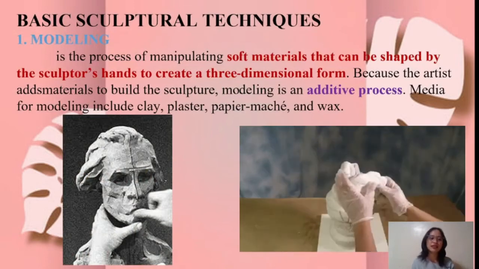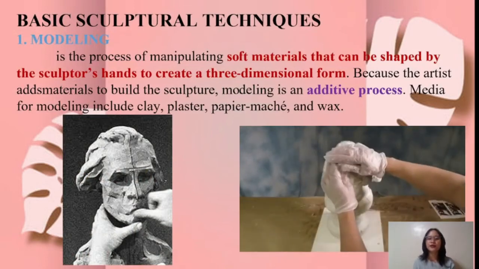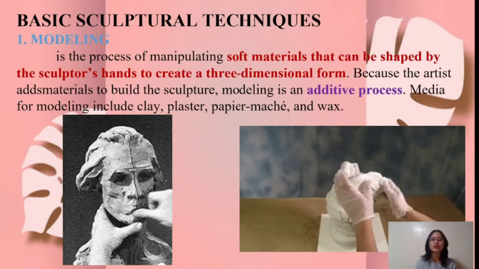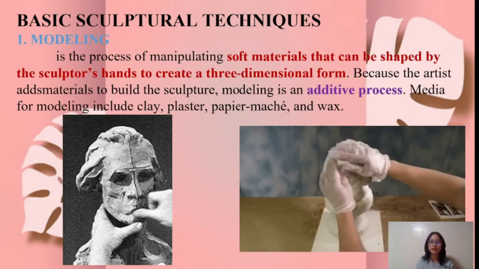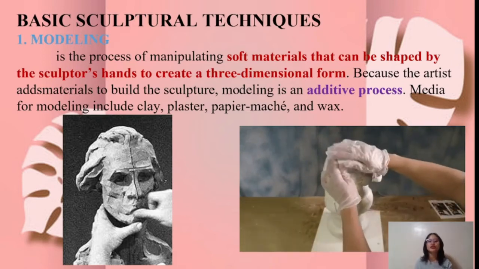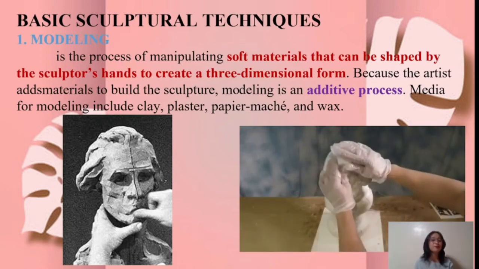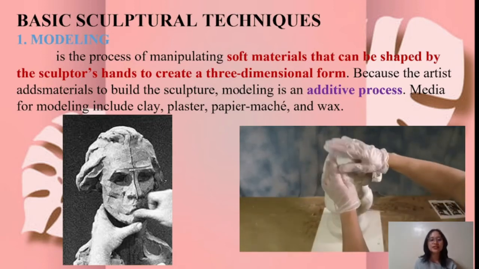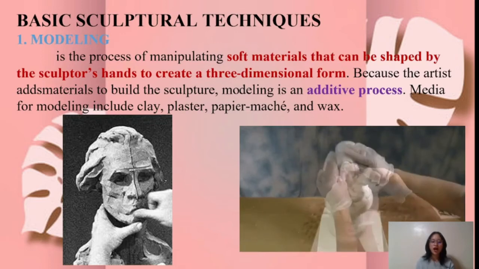First is modeling. Modeling is the process of manipulating soft materials that can be shaped by the sculptor's hands to create three-dimensional forms. Because the artist adds materials to build the sculpture, modeling is an additive process. Media for modeling include clay, plaster, paper mache, and wax.